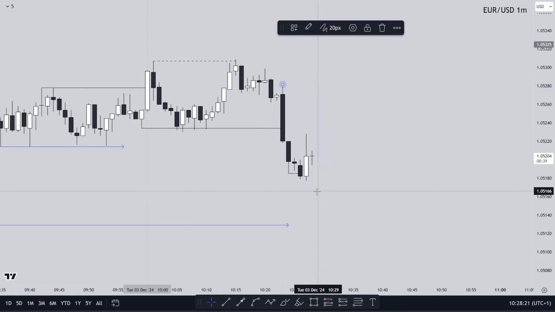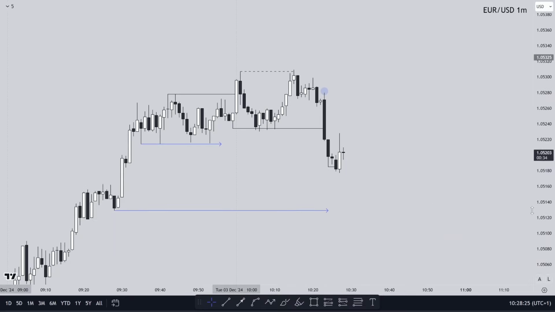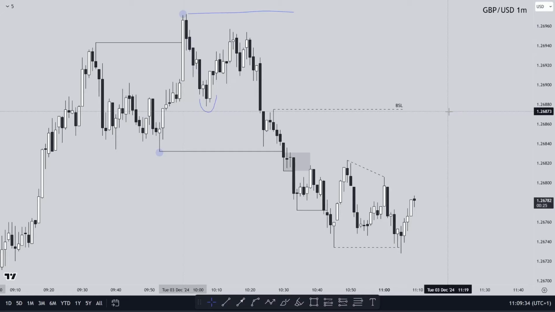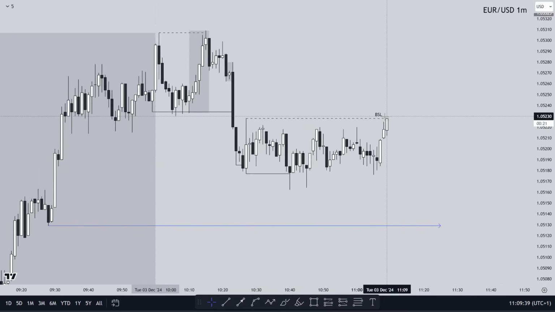So let's wait a little again. I prefer to stay above. Price is very, very close to my level of liquidity. Beautiful. So from this moment, I can look for a short setup, right?